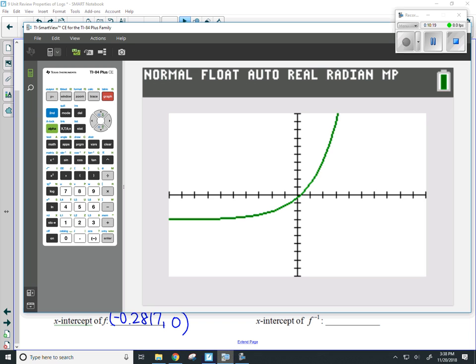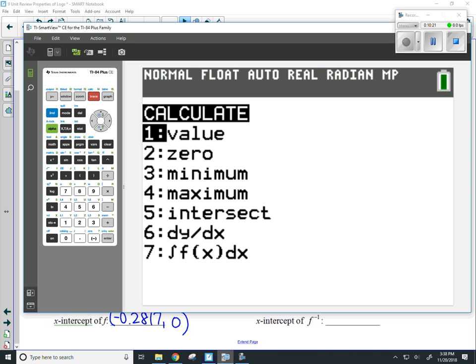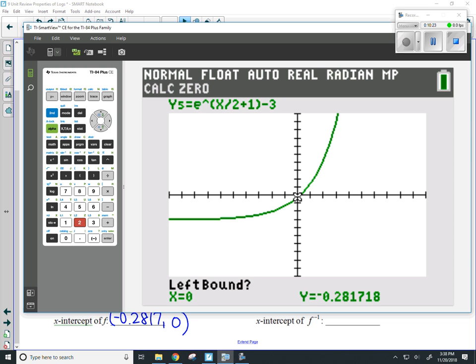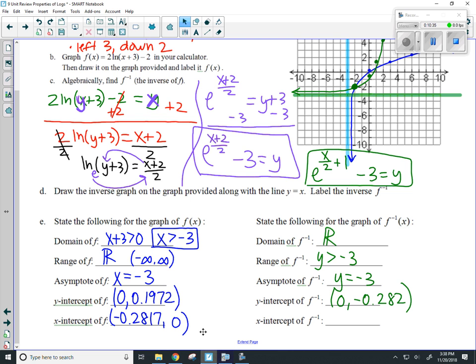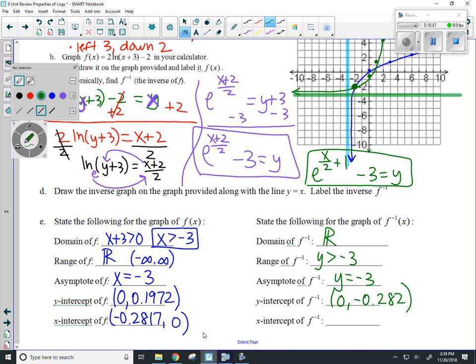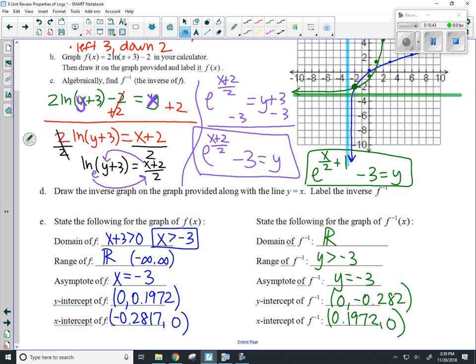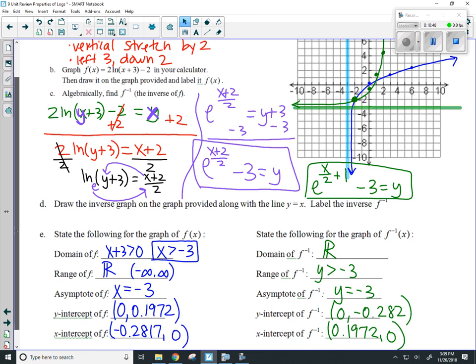So go back to the graph. Second, trace, number 2. And again, left and right bound. Okay, so 0.1972. Okay. We'll come back and talk about that in a second.